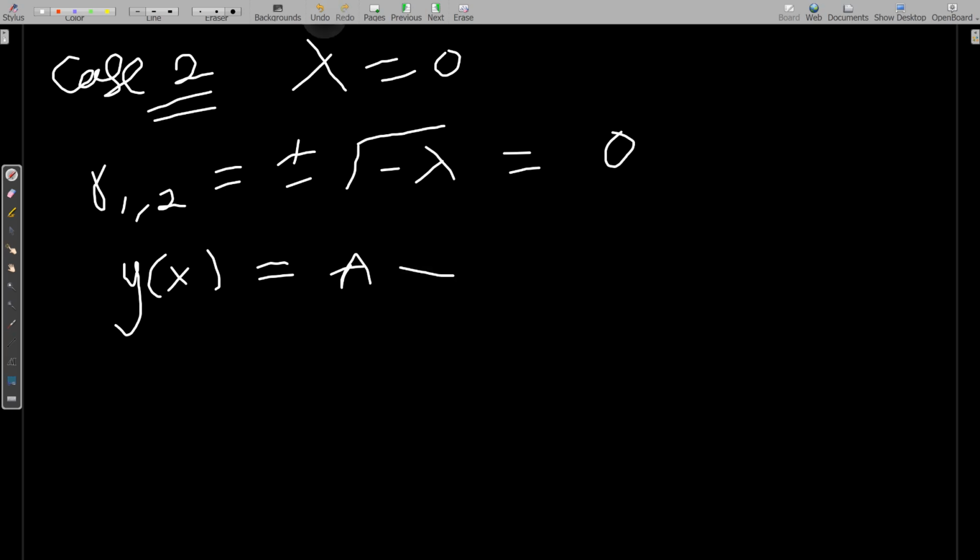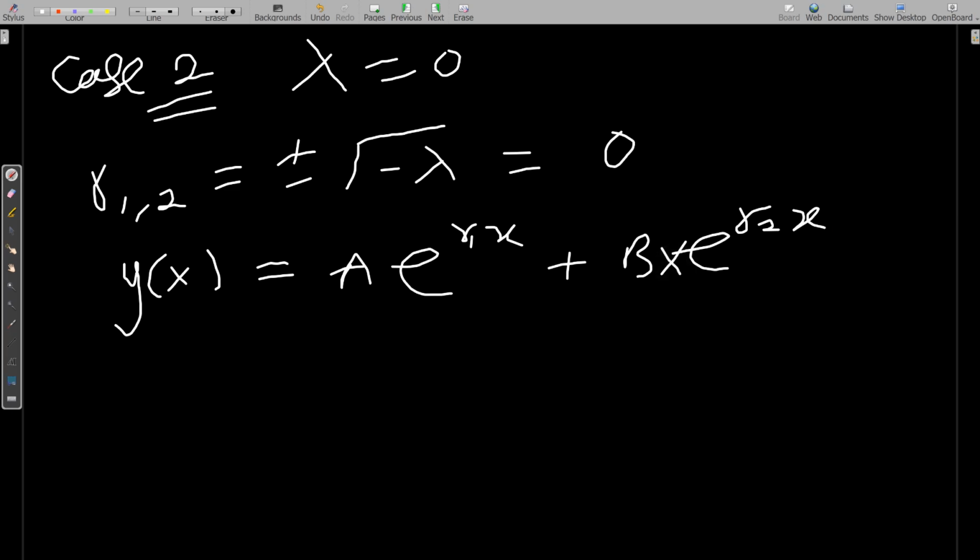I have a e to the power r1 x plus b e to the power r2 x. But if you put r1 and r2 here, they are both 0, so the terms a and b would be the same, so you have to add an x, and it becomes b x e to the power r2 x. When I put r1, which is 0, inside, I have e to the power 0, which is 1, so I have a plus b x, then e to the power 0. The r2 is also 0, e to the power 0 is 1, so I have only this. So for a repeated root, this is why you always write that the solution is a plus b x.